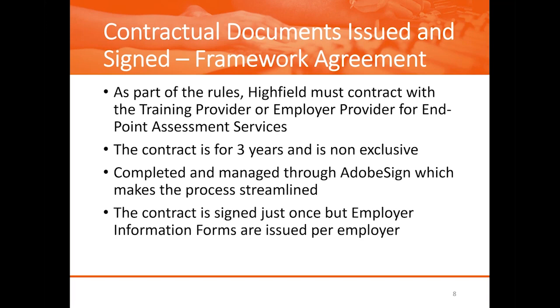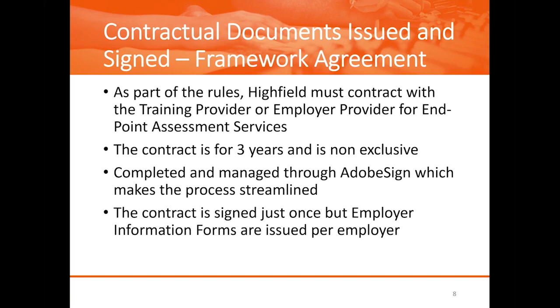So again, the information that you provide on the employer confirmation form informs what we'd need to include on the framework agreement. So in part, service levels, our terms of business with you as the learning provider. And this will be completed and managed through Adobe Sign. So it's an online process, so there's no wet signatures needed. This will come through and be notified to you on email with the relevant access information, the links, and if there's a username and password.